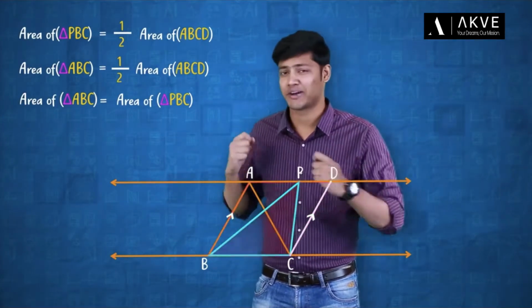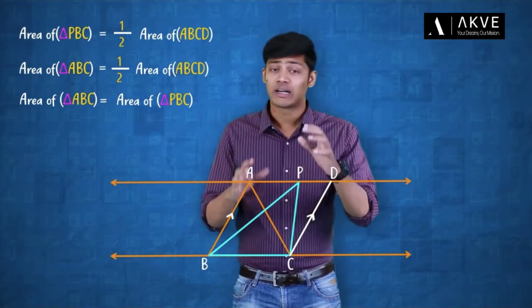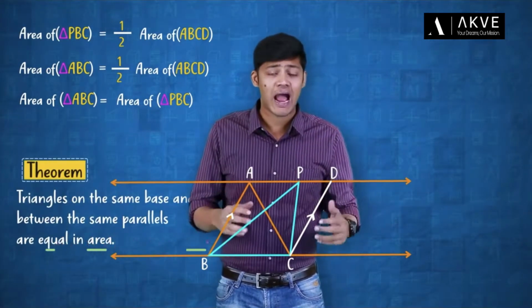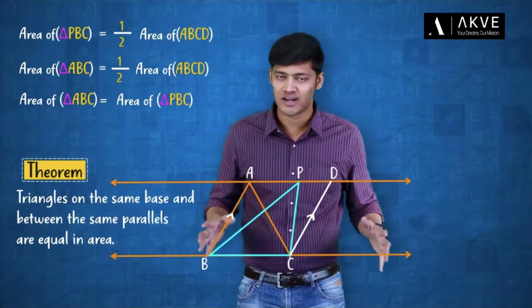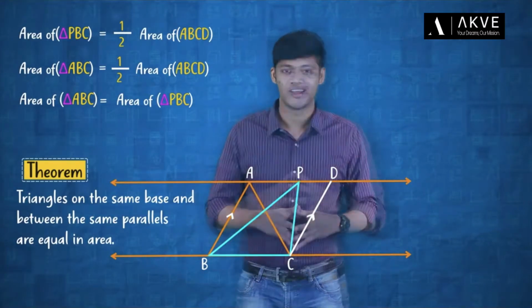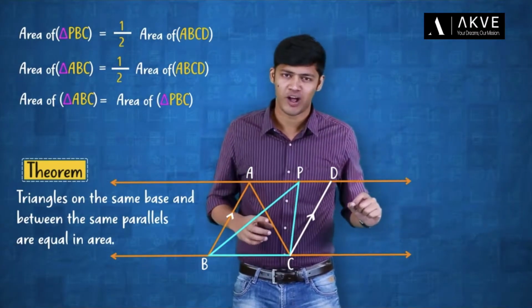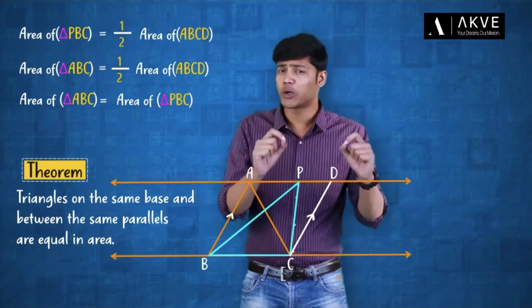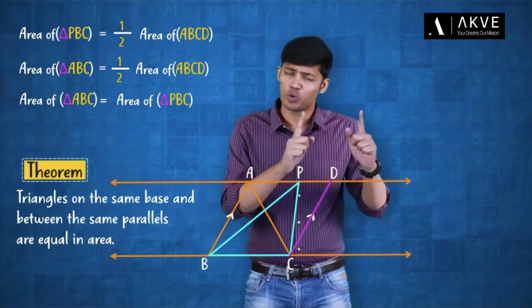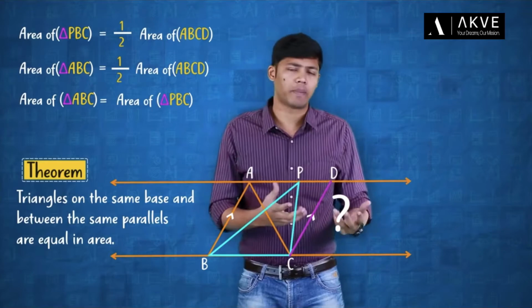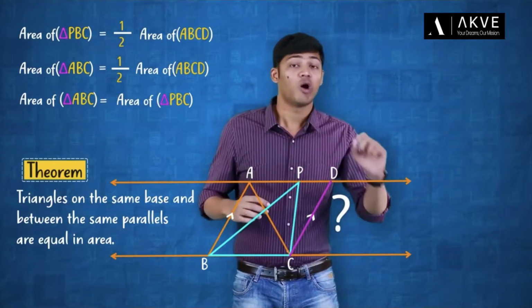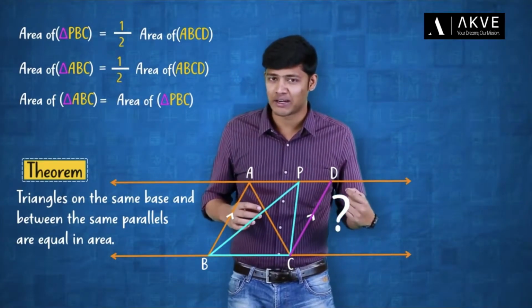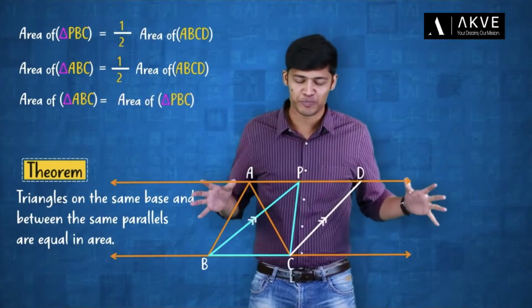There you have it. We proved that triangles on the same base and between the same parallels are equal in area. I have a question for you. While constructing, why did we construct a line parallel to AB? Why not parallel to PB? Well, we could have drawn a line parallel to PB too.